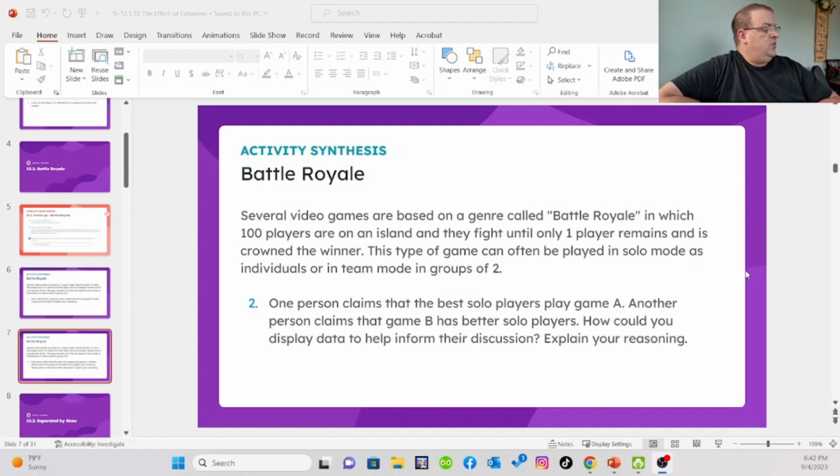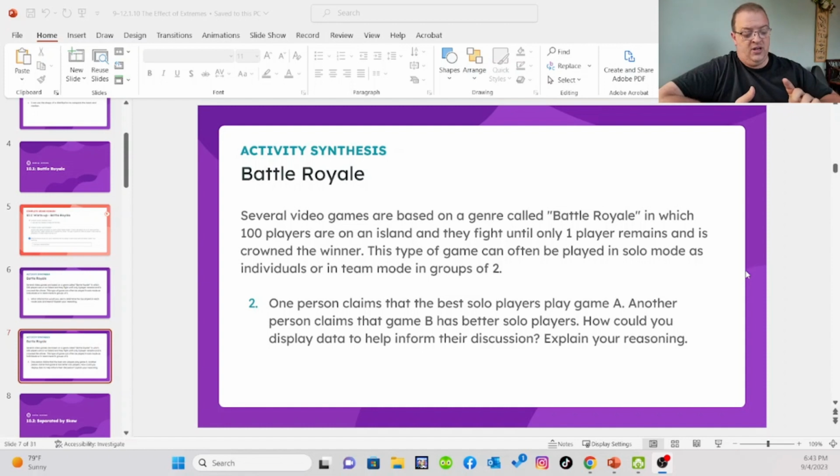Number two, one person claims that the best solo players play game A, and another claims that game B has better solo players. How could you display data to help inform their discussion? So we have talked about two different types of statistics.